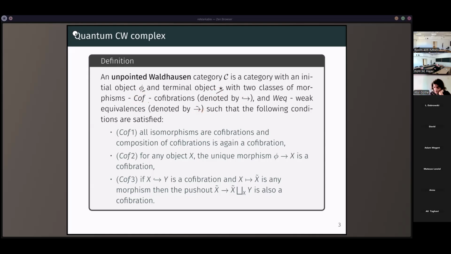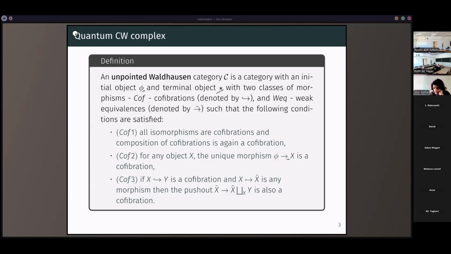First, isomorphisms in this category are in fact cofibrations, and cofibrations are closed under composition. That is, if we compose two cofibrations, the composition is again a cofibration. And for any object x, the unique morphism from the initial object phi to x is in fact a cofibration as well.